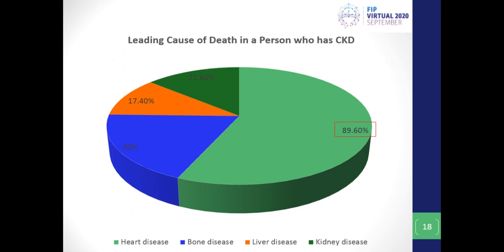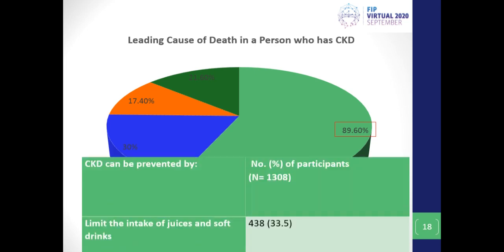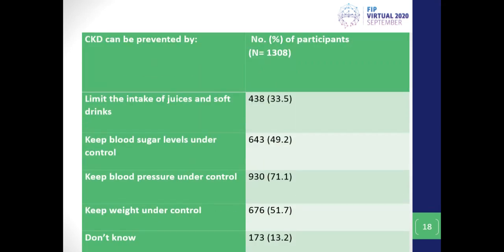When asked about the leading cause of death in a patient with CKD, almost 90% knew heart diseases to be the major cause of death. As for prevention of CKD, only around 50% knew that keeping blood sugar under control can help in prevention.